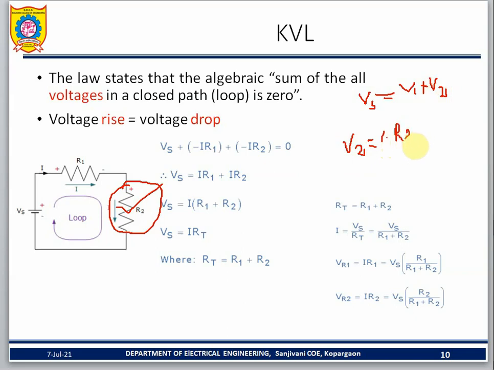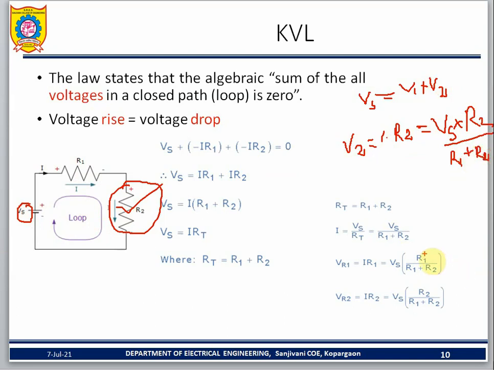Go to another formula: supply voltage Vs multiplied by R2, divided by the resistances R1 plus R2. Write it.